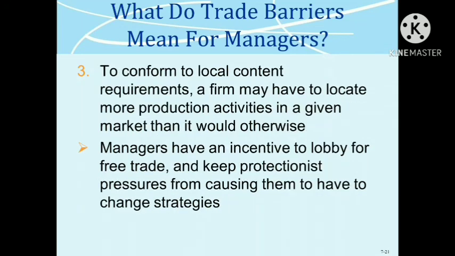Three, to conform to local content requirements, a firm may have to locate more production activities in a given market than it would otherwise. Managers have an incentive to lobby for free trade and keep protectionist pressures from causing them to have to change strategies.